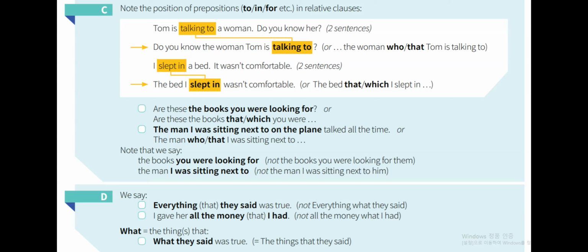When I first saw this, I thought they're going to show us how to relate the day, the time, the reason with where, whom, and whose. But I don't see that here. So I want to know why is this here? What is it for? Okay, maybe if you scroll down, maybe we will see it when we scroll down. Oh no, it's not.